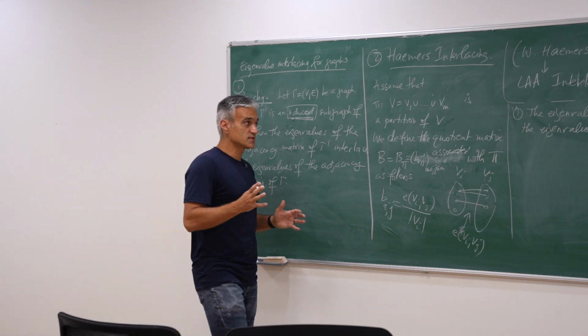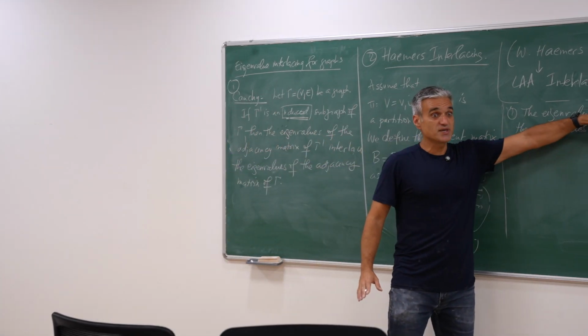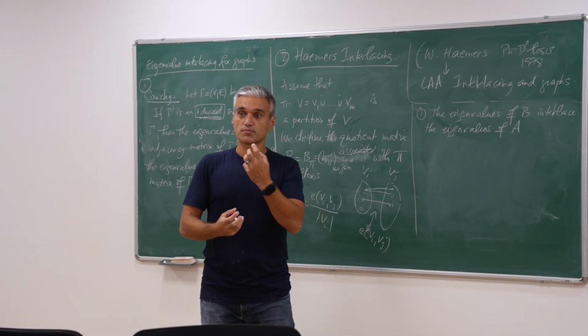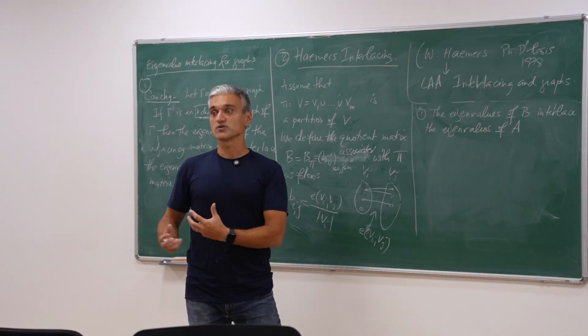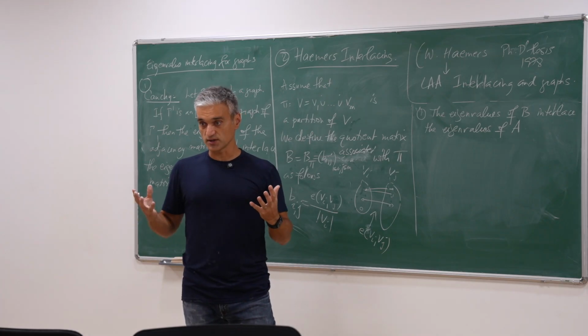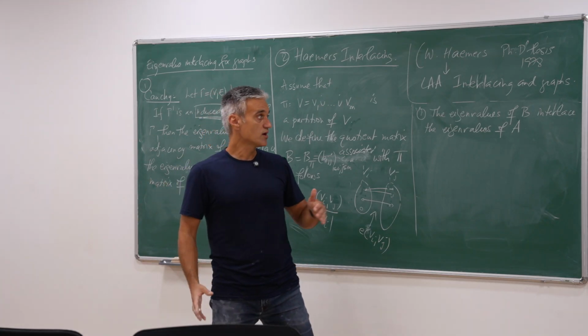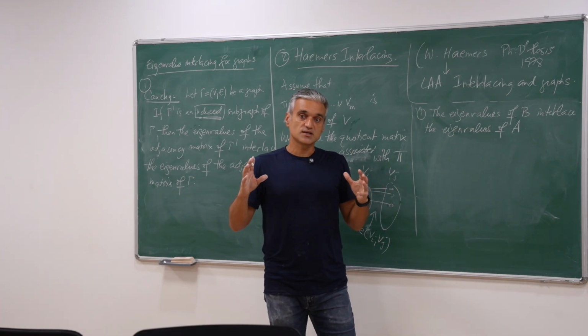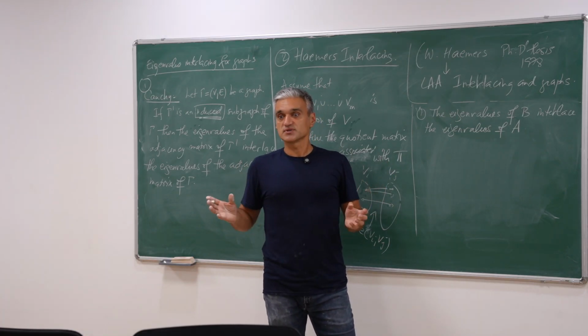Now, what will happen is this B will contain some information about that combinatorial parameter that you're looking for. And then ideally B is small and easy enough that you can calculate its eigenvalues relatively easily.